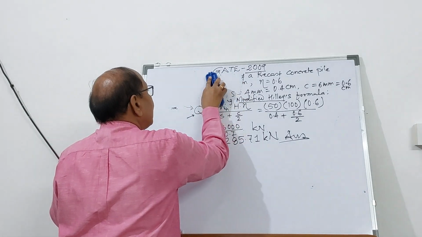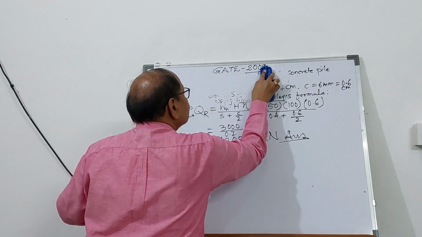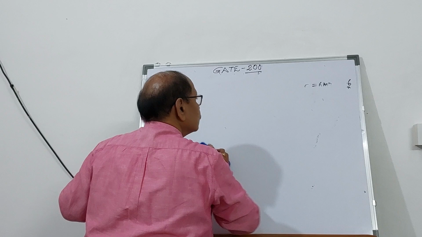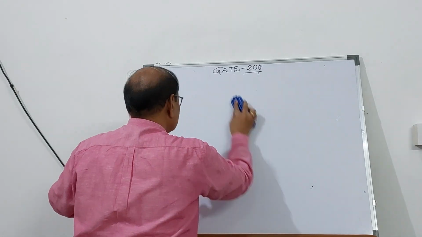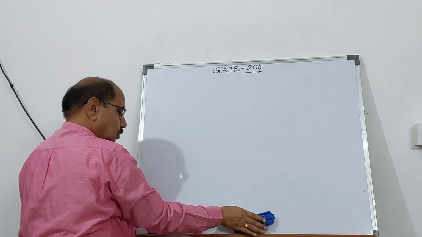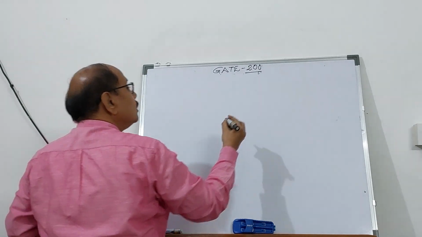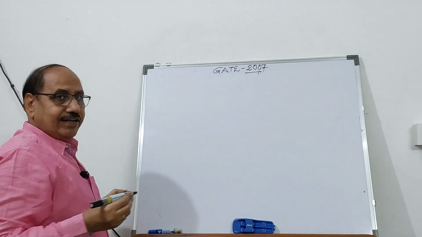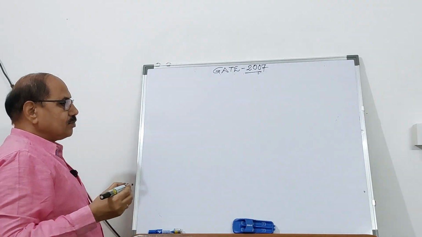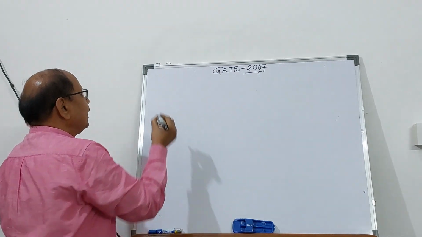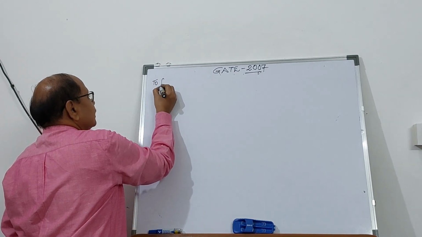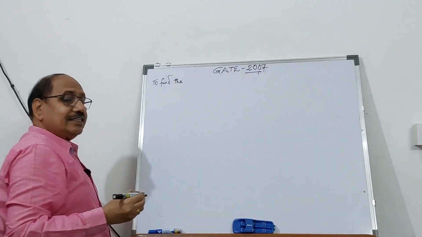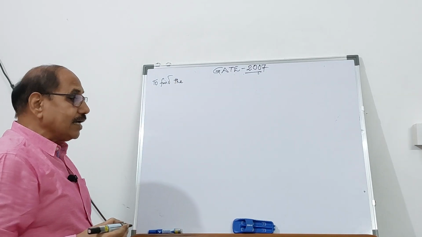So next GATE problem is of 2007, and this problem is to find the ultimate load carrying capacity of the pile group.